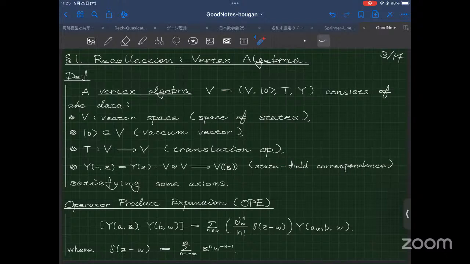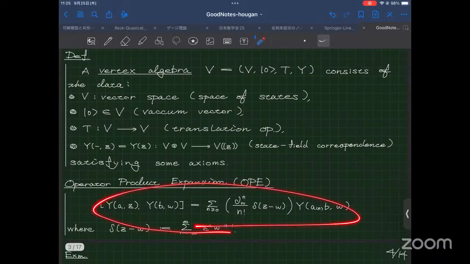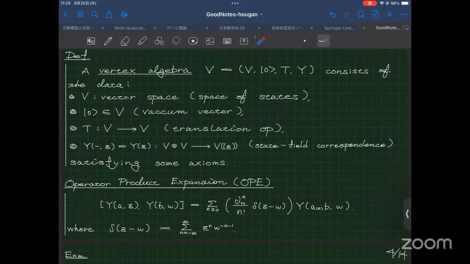An important property of the vertex algebra is the operator product expansion, as follows. At first sight, it may look complicated, so I will present a typical example in the next slide.